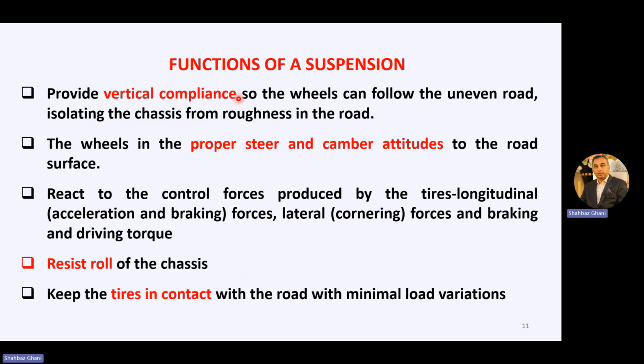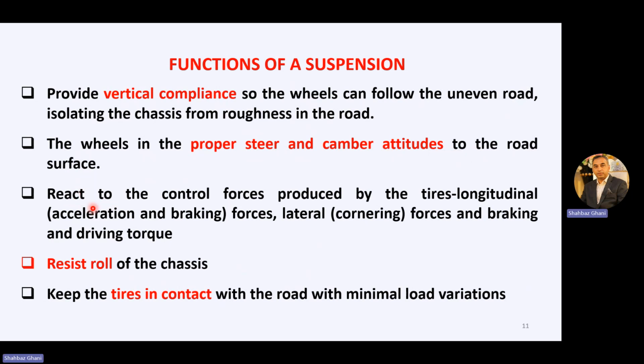So vertical compliance is there. Then the second function of a suspension system is to keep the wheels in the proper steer and camber attitude to the road surface. So steering geometry comes in the suspension system.